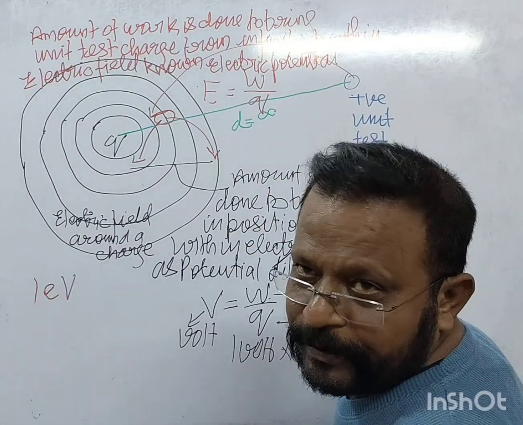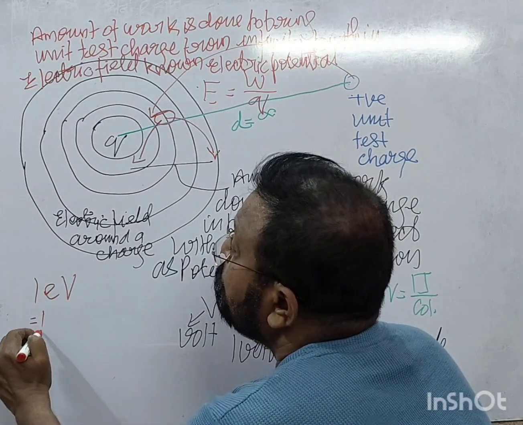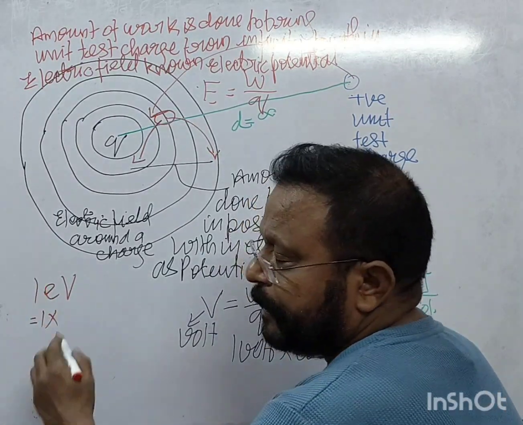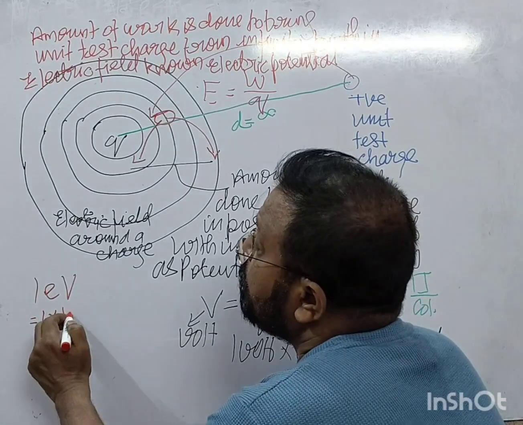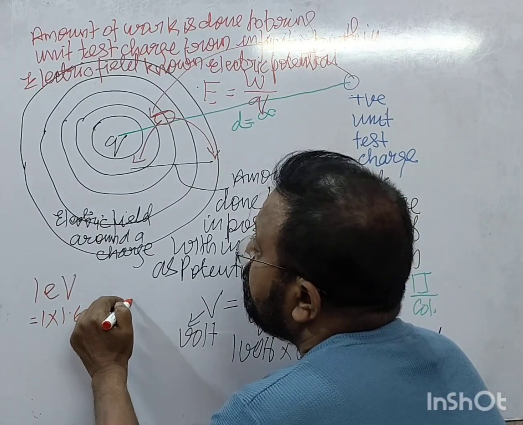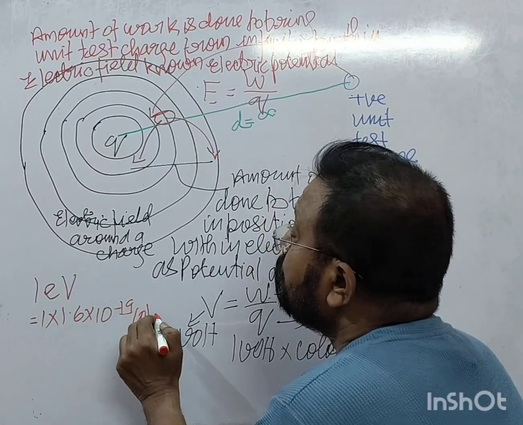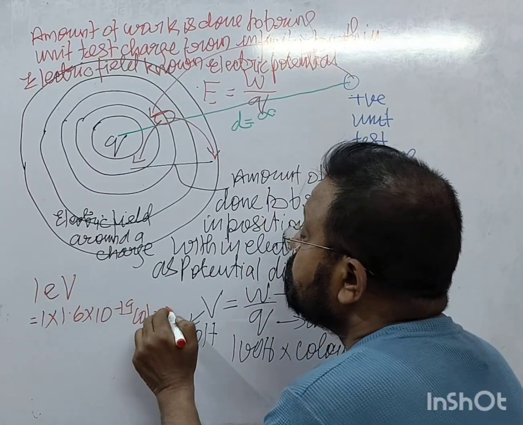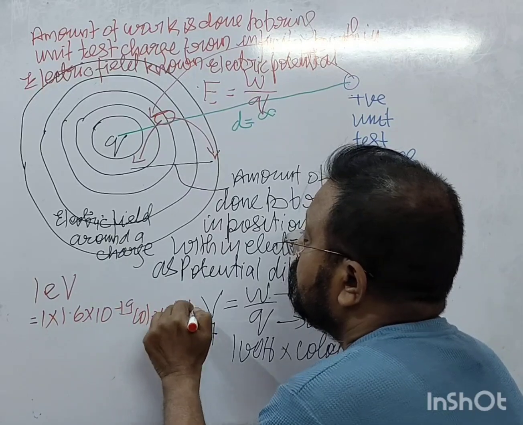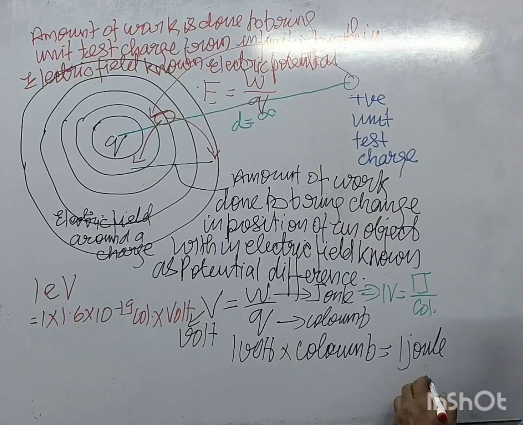1 electron volt. So it becomes 1 into an electron, which has a charge of 1.6 into 10 to the power minus 19 coulomb, into V, which is volt. Coulomb into volt is joule.